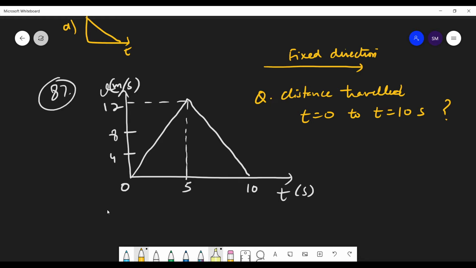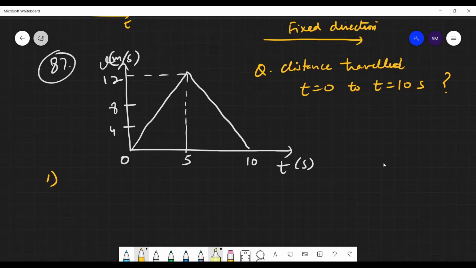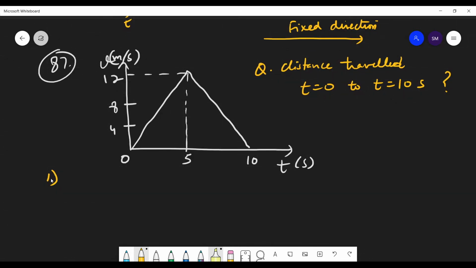See students, a graph always tells us 3 things. I'm repeating. First information is what is there on the y-axis.